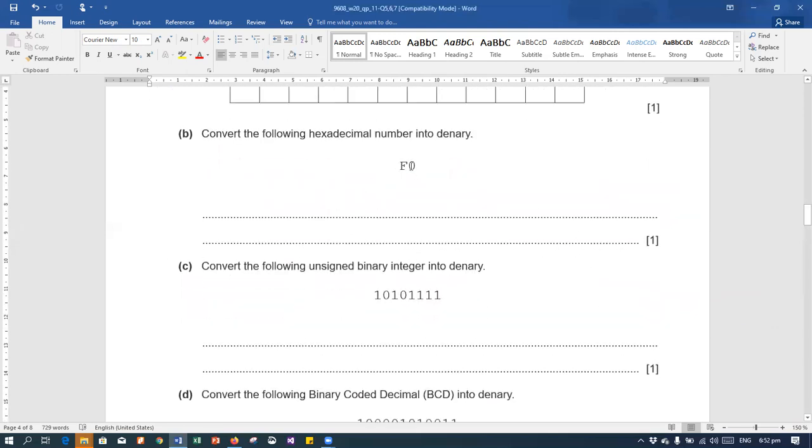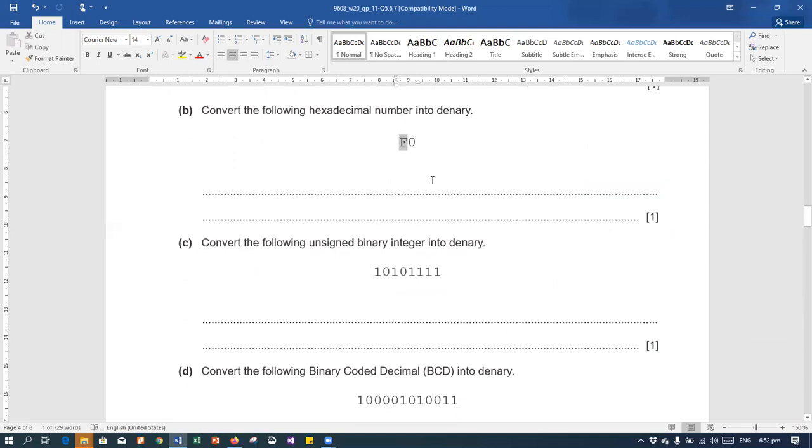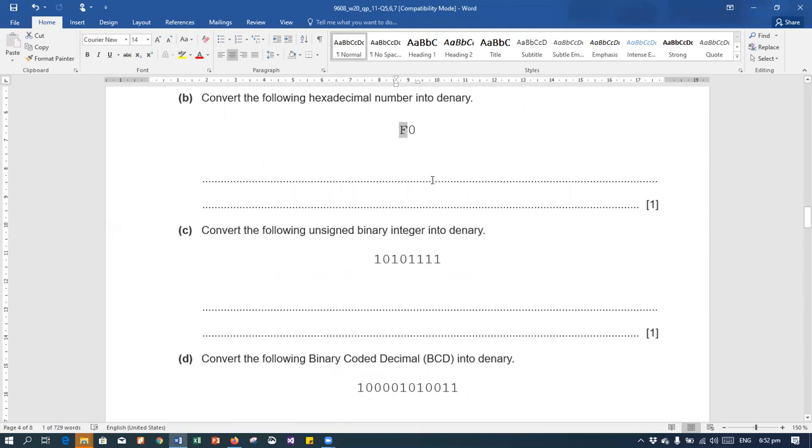Can you convert F0 into denary? This is a hexadecimal number because there is F in it. 15 and then 0. No, it should be 4 ones and then 4 zeros.